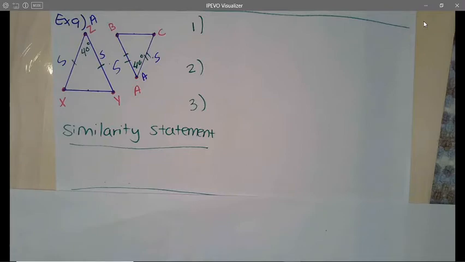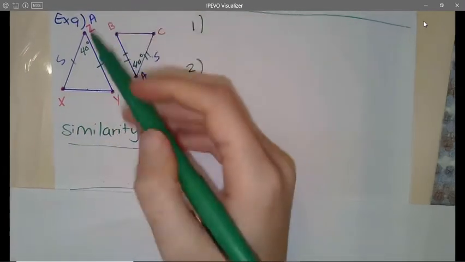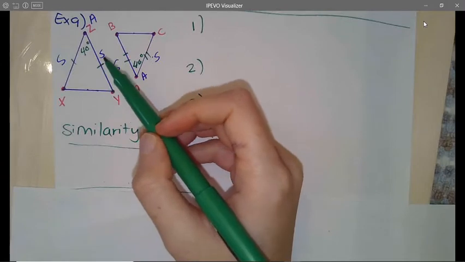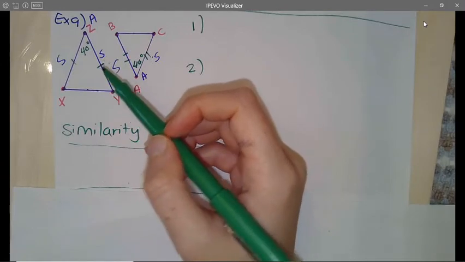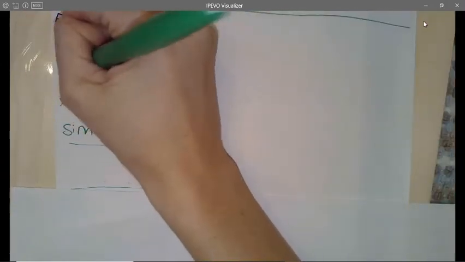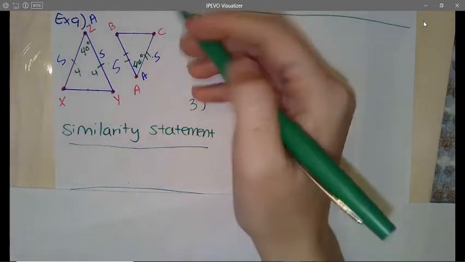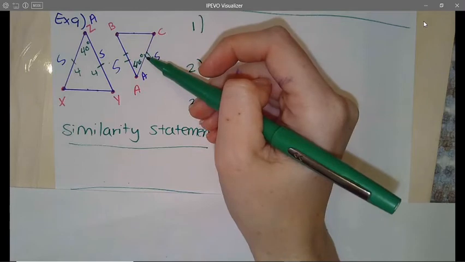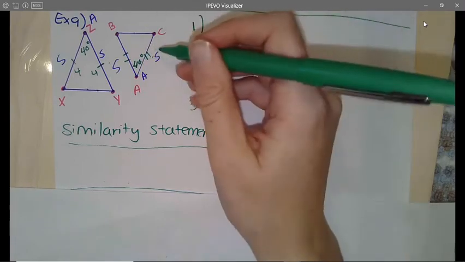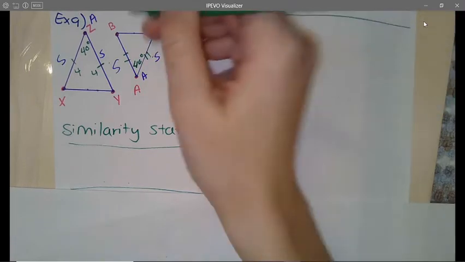So what I like to do if I'm not given any sides, I just like to make up my own. Because then I can visualize it a little bit better and make some conclusions from there. So these two are marked congruent, which means they have to be the same thing. So I'm just going to say that each of these are 4. And I know these two are also congruent, so I'll just make them each 2.